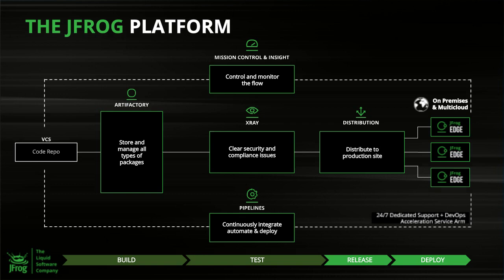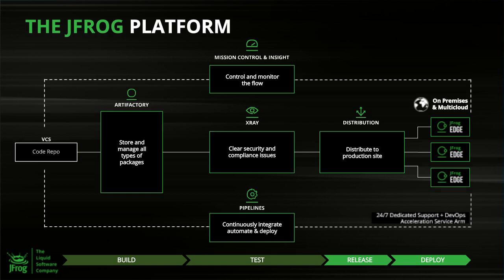On the left-hand side, you have your code repo. This could be Bitbucket or GitHub or whatever repository or source control that you'd like to use in order to manage your sources. And then JFrog Artifactory manages the binaries that are created by your source code.